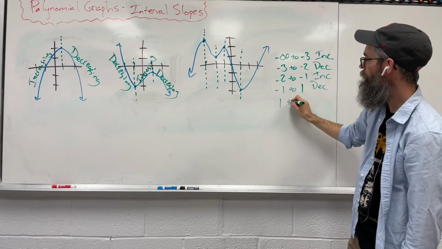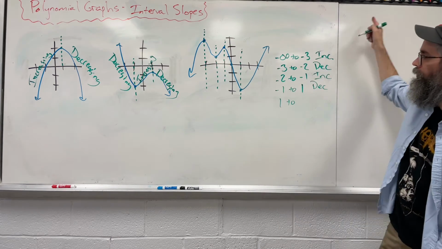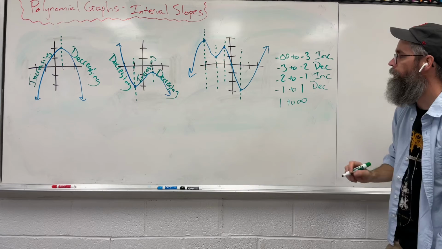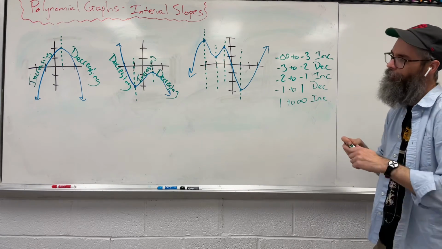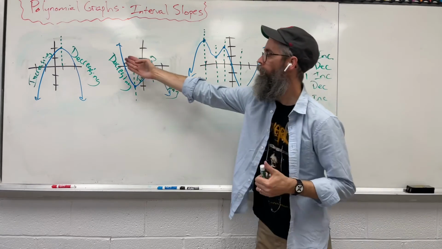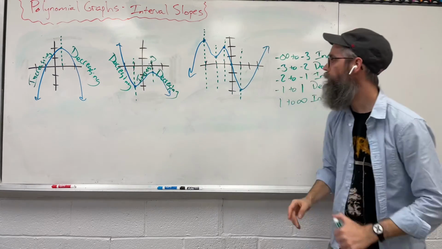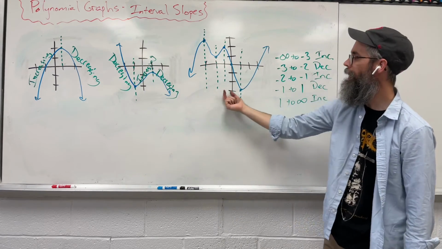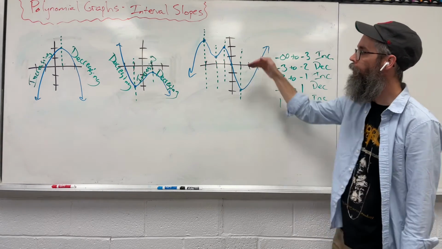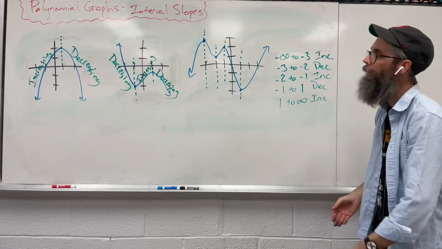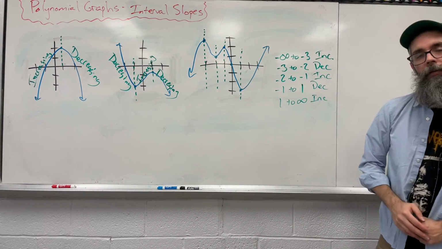And from +1, this thing goes to infinity now. We're back to increasing. So I have two different ways of looking at this: rather than just writing increasing, decreasing on the graph, or splitting it up between each little interval, each little chunk of numbers where those hills and valleys change. And that's polynomial graphs, interval slopes.